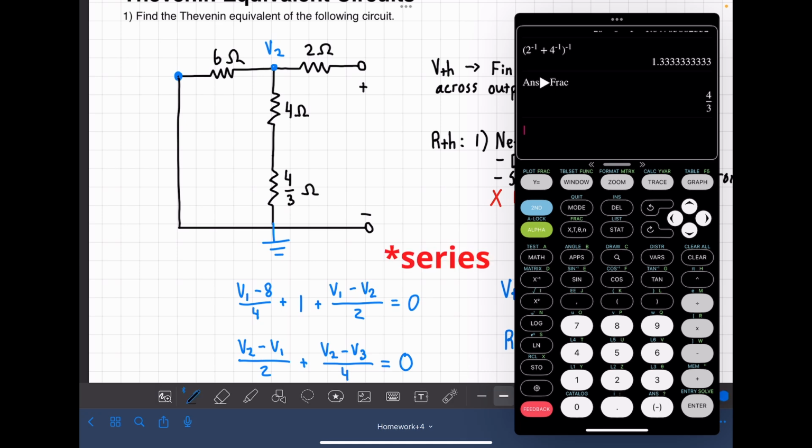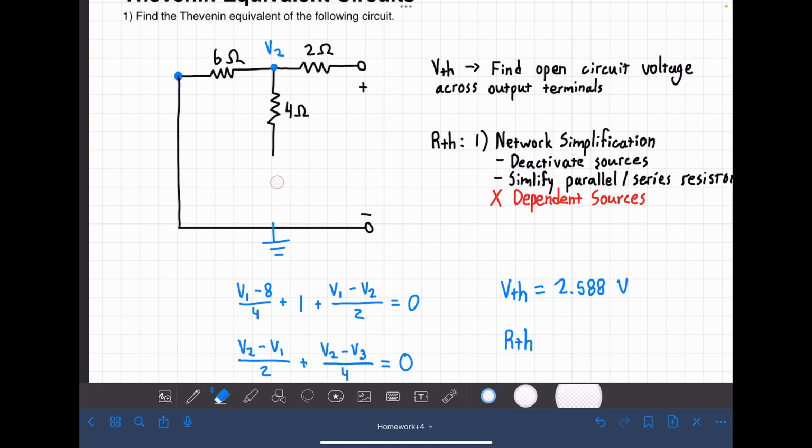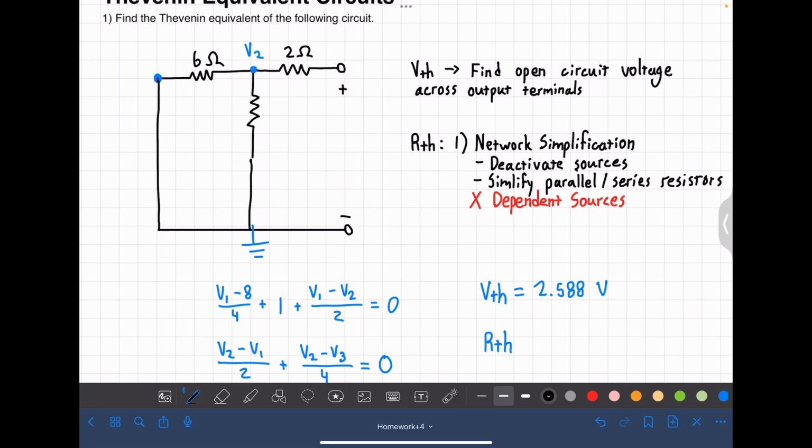That is in parallel with this one right here, so we're going to add 4 to that. So again, that was 5.3.